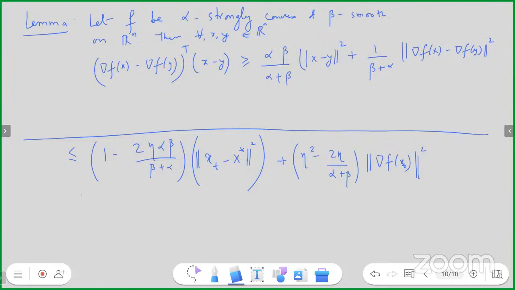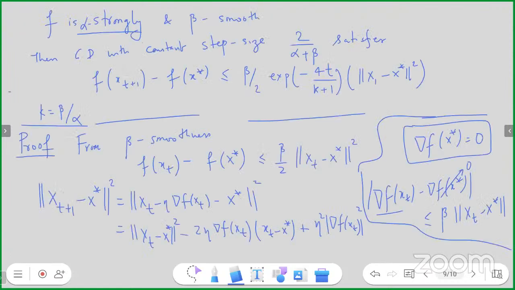I proved something. How do I apply? See again. How can I apply this?